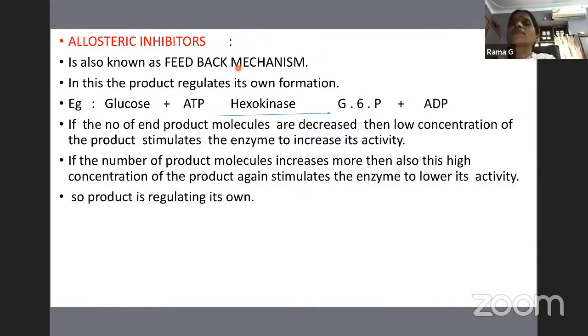That's why it is called a feedback mechanism. Here the product is regulating itself, its own production. So allosteric inhibitors play this type of role.